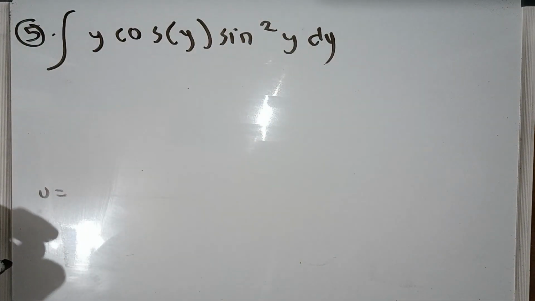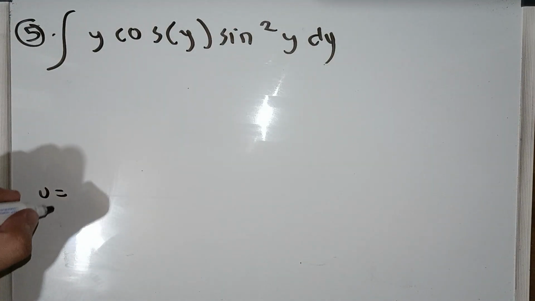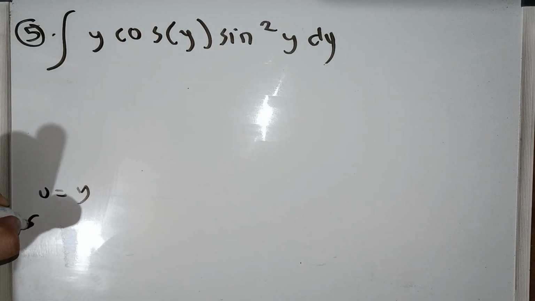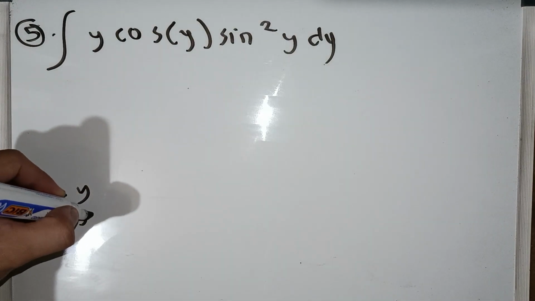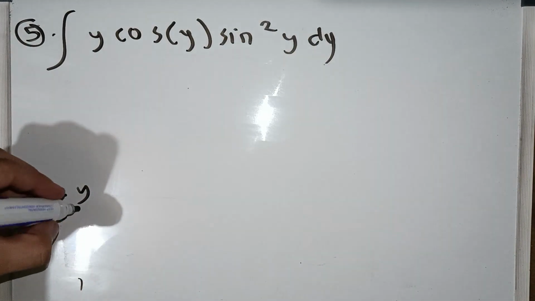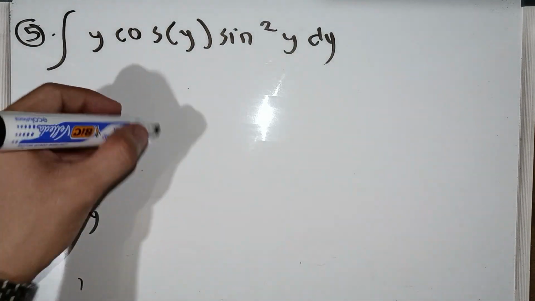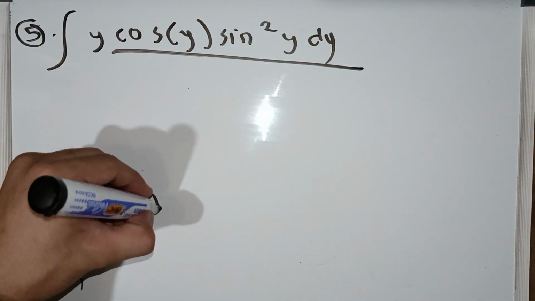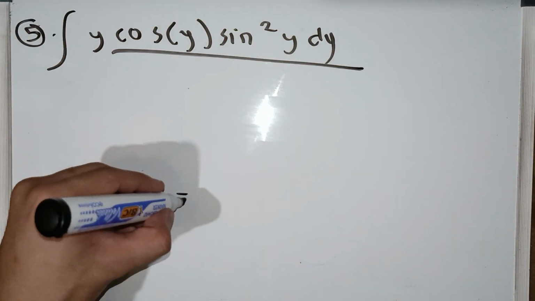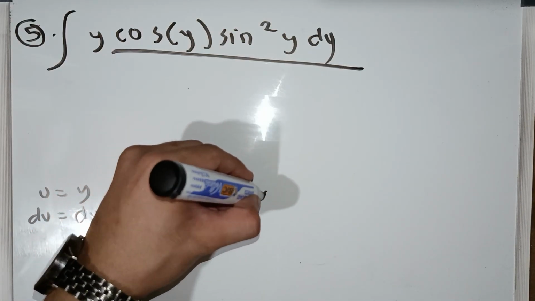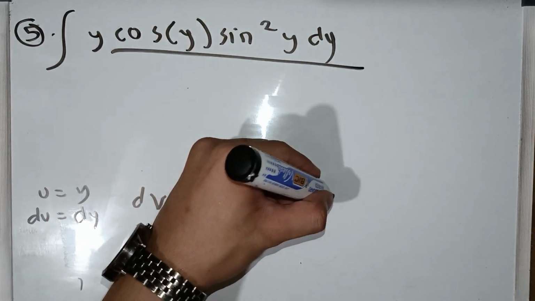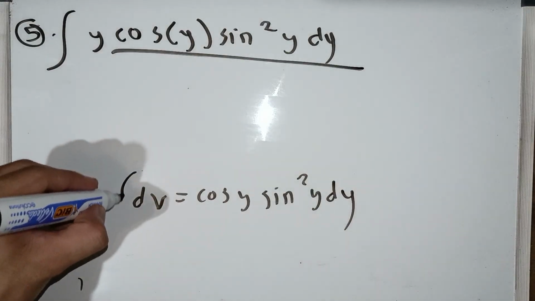So u is equal to y and du is equal to dy. And for dv, let's use this one, so the derivative of v is equal to cosine y sine square y dy.